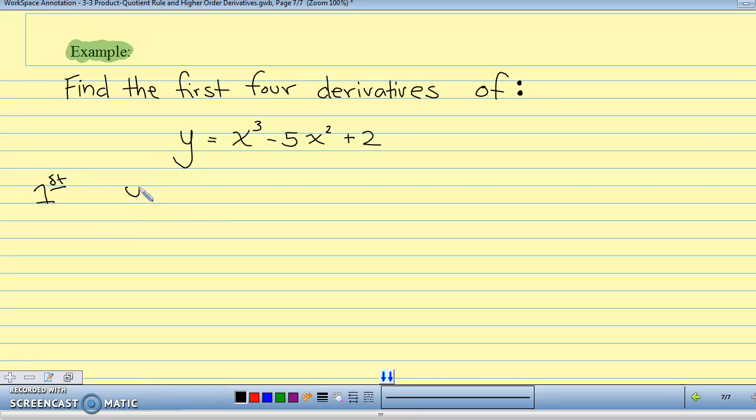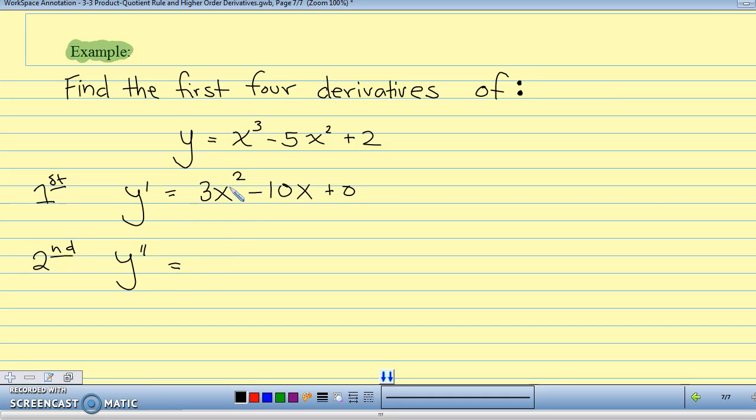The first one is y prime, and that's just applying the power rule to each of these. 3x squared minus 10x plus 0. Notice I can start doing this a lot faster now. The second derivative is y double prime.